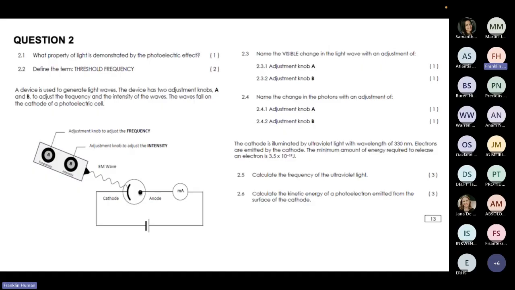Frequency you can adjust, therefore the color you can change, as well as the intensity you can adjust. And these questions 2.3 and 2.4 relate to the effect of making those changes. For questions 2.5 and 2.6, you will have to go back and look at the equations that you were given right at the beginning. Maybe I'll just quickly go back to show you which equations I'm talking about.